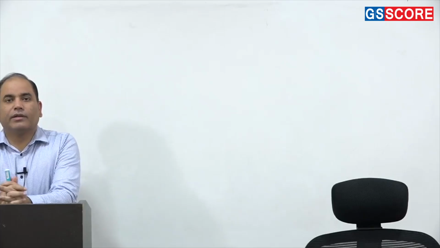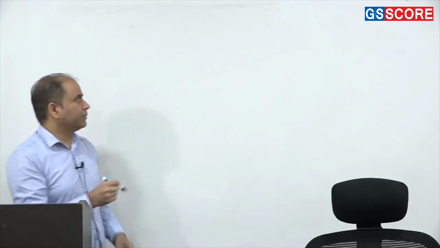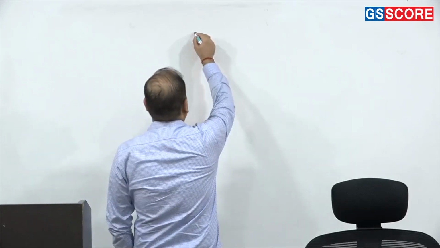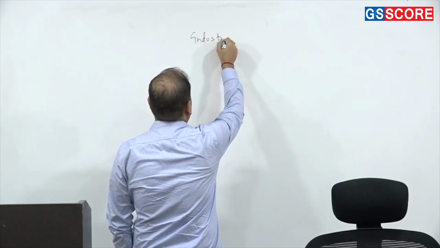In this session, we will continue the discussion of some of the locational theories, and one of the locational theories that we will take up is the very important industrial location theory.